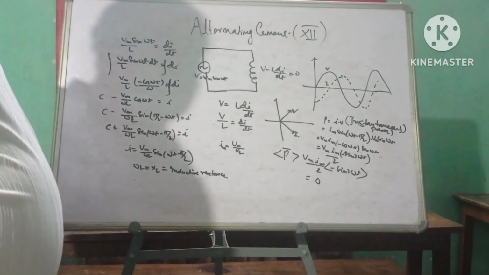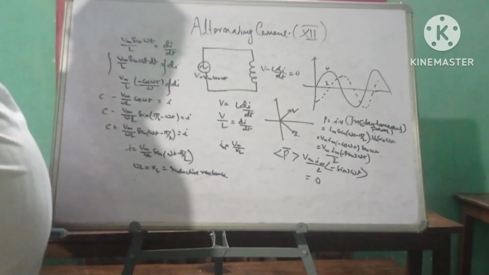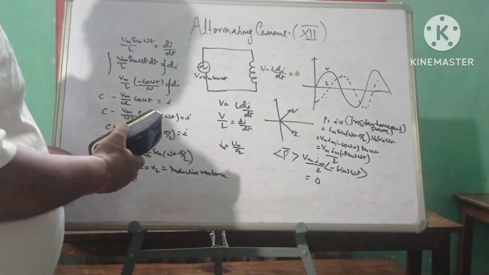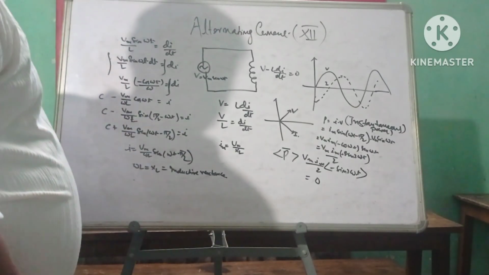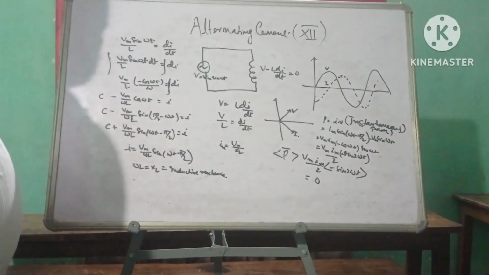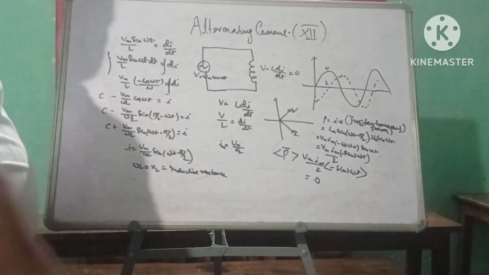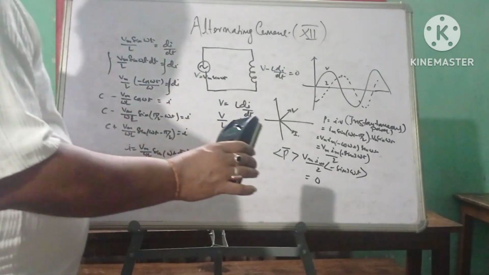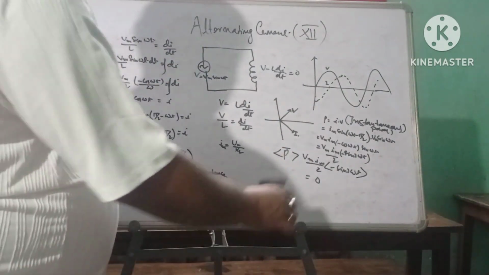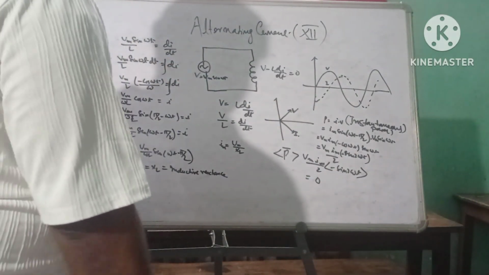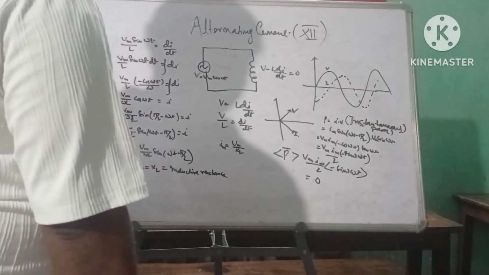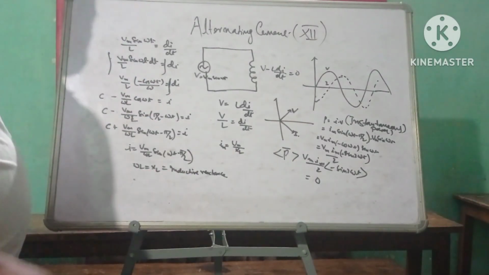So this is all about your alternating current. This is your phasor diagram, and this is your graph, and the average power is 0. We are going to take instantaneous power.